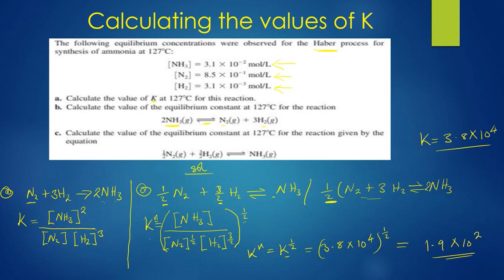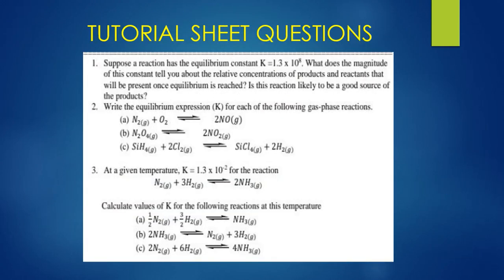Now you have these questions in your tutorial sheet. The first question is saying, suppose the reaction has the equilibrium constant K of 1.3 times 10 to the power 8. What does the magnitude of this constant tell you about the relative concentrations of products and reactants that will be present once equilibrium is reached?